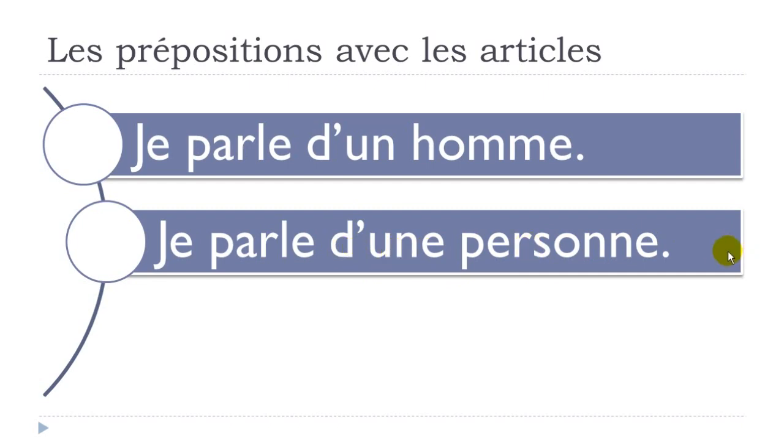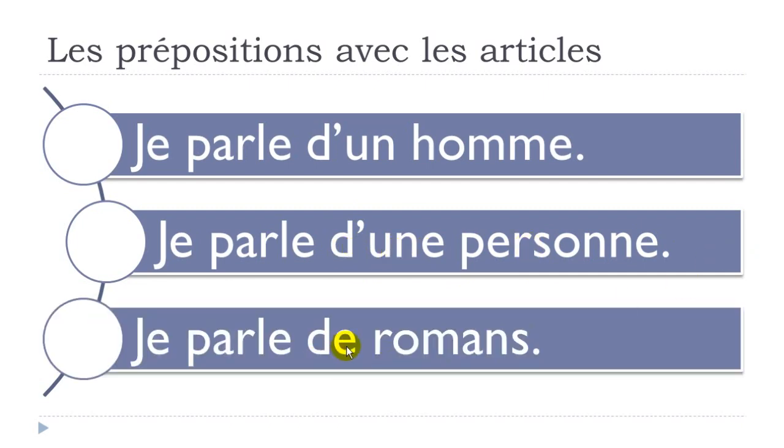All right. The tricky thing is when you want to combine de and des, just because we think that it would sound strange to have this de, des, romans. So the thing that will disappear will be the article. That's the reason why we get je parle de romans.